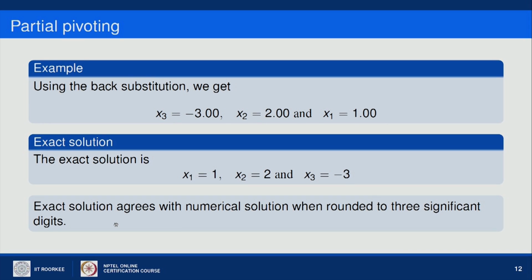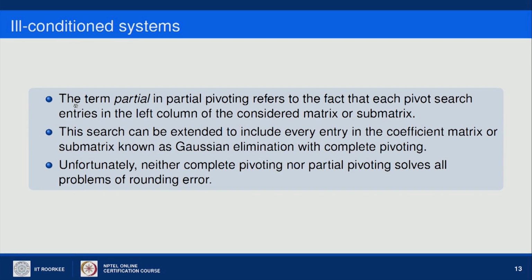So this is the modification of Gaussian elimination, and this particular method is called Gaussian elimination with partial pivoting. Here the term partial in partial pivoting refers to the fact that we have chosen the biggest absolute entry in the first column in the first pass.